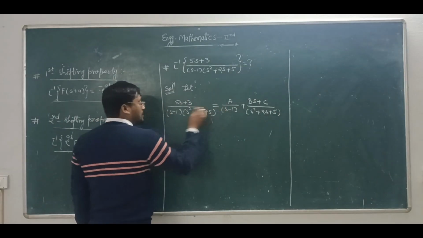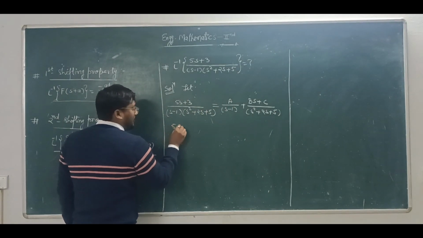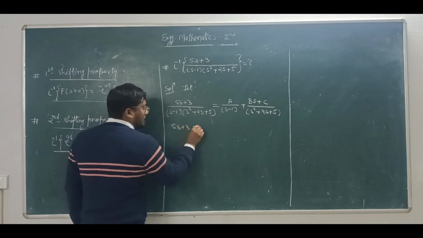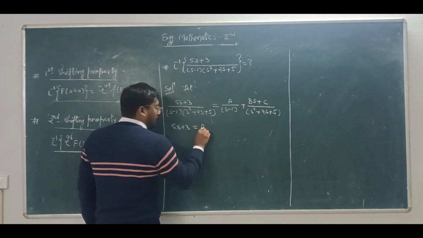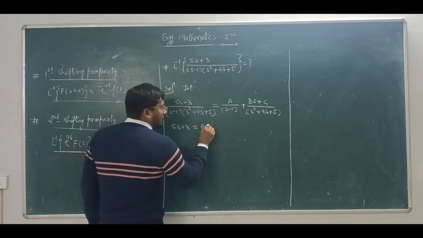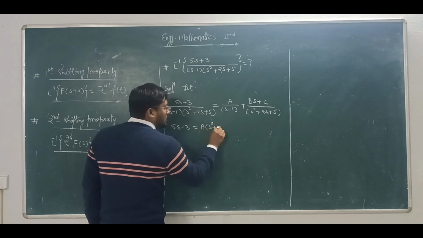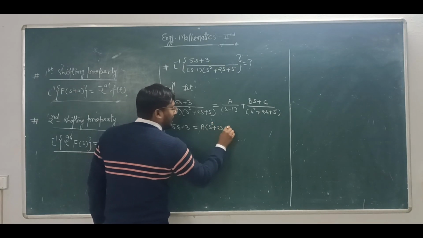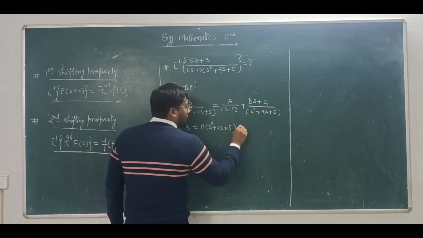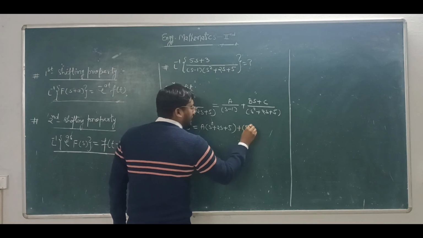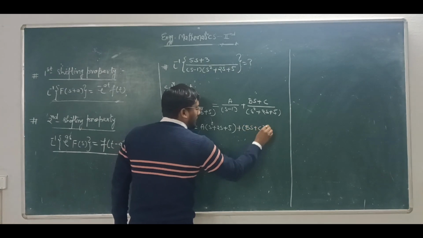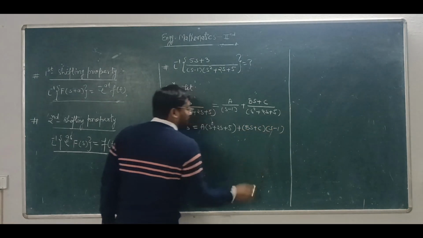Now comparing both sides, 5s plus 3 is equal to A(s square plus 2s plus 5) plus (Bs plus C)(s minus 1).